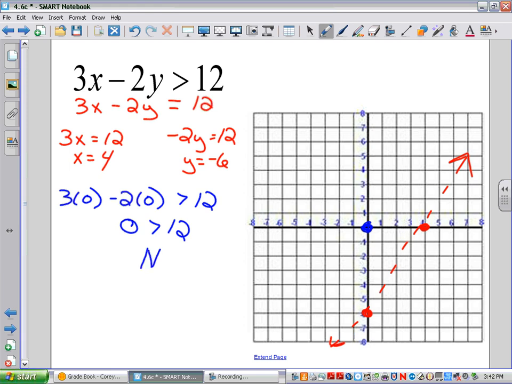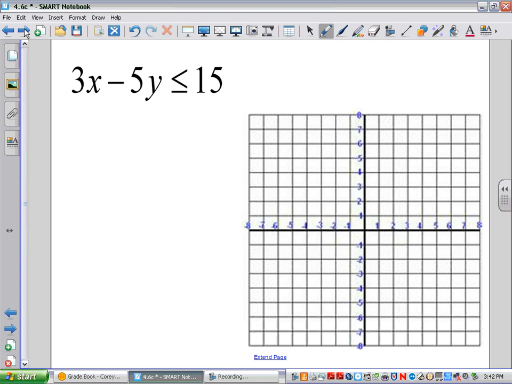And I would say that's a no. So my blue dot over here becomes my no side. The other side becomes my yes side. And of course, I always shade the yes side. Hit the pause button if you would. You guys work out the next one on your own.